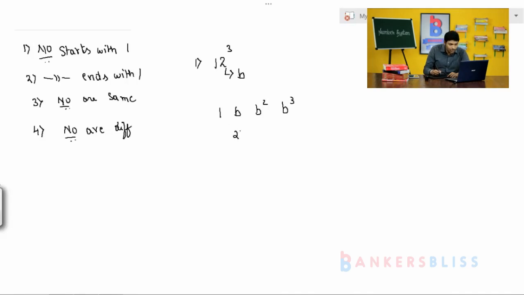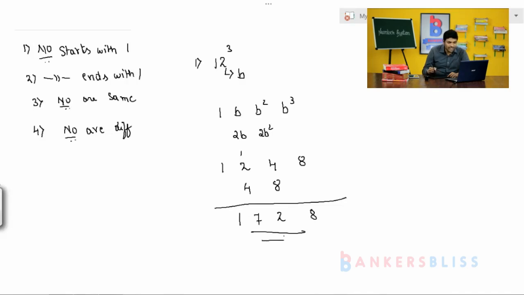Next 2B, 2B square. Now 1 2, 2 square 4, 2 cube 8. Next 2 2s are 4, 4 2s are 8. So if you add, 8 plus 4 is 12, 1 carry over. 4 plus 2 is 6, plus 1 is 7, next 1. So the answer is 1728. Very simple.